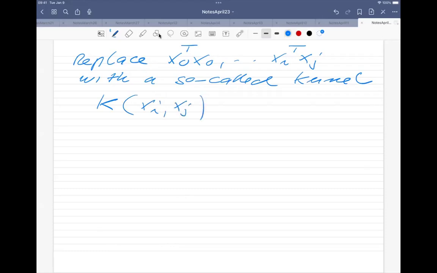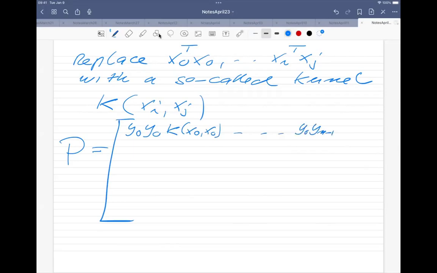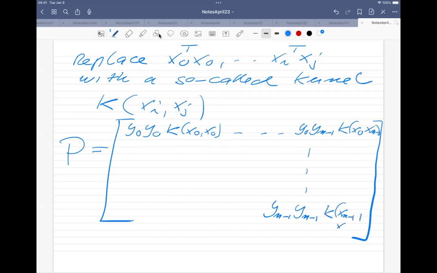And that means that we can now define a matrix, which I'm going to call P. And that will contain y0, y0, and then k of x0, x0, and that continues all the way up to y0, y n minus 1, and then k of x0, x n minus 1, and this goes all the way down to y n minus 1, y n minus 1, and k of x n minus 1, comma, x n minus 1. And this matrix here allows us now to rewrite.